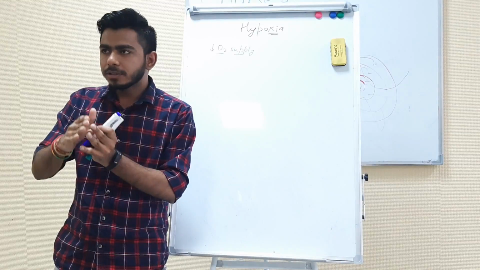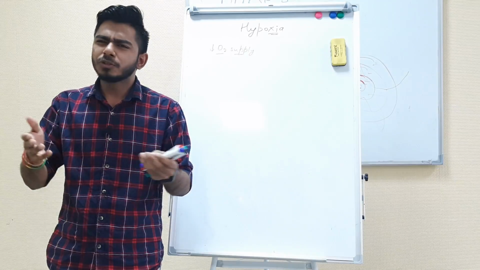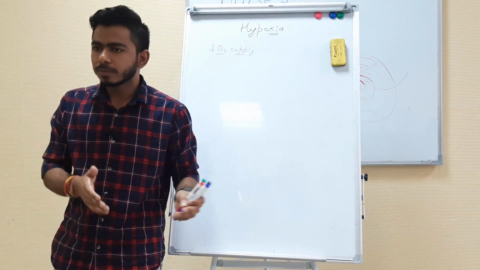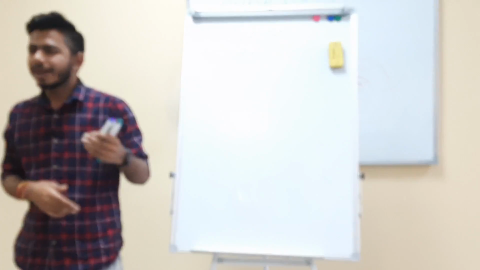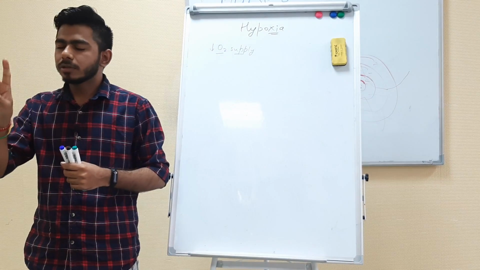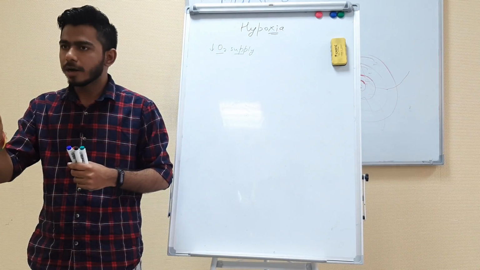Okay, after some time, if the patient remains untreated, what should the treatment be? You need to give them oxygen, right? If the patient comes to you, let's say after 30 minutes or an hour, it depends on the hypoxia, because look, what are the two important organs inside our body? These are the brain and the heart.